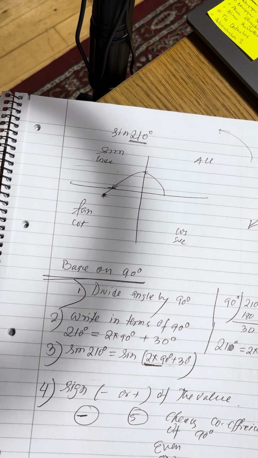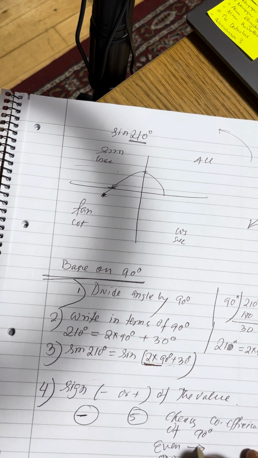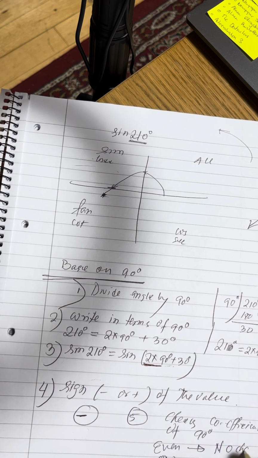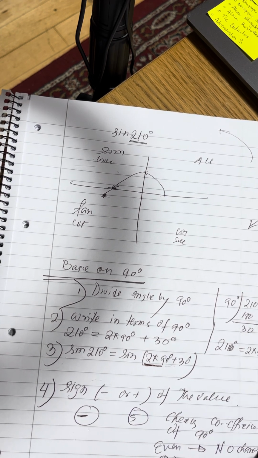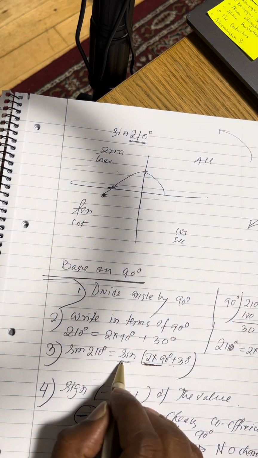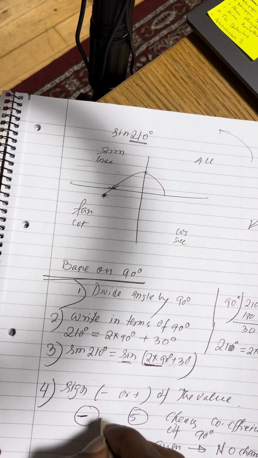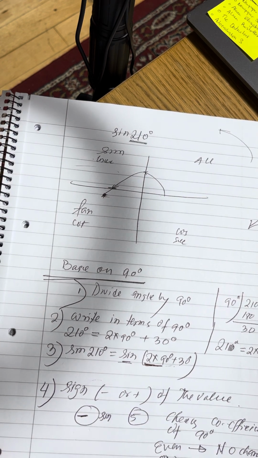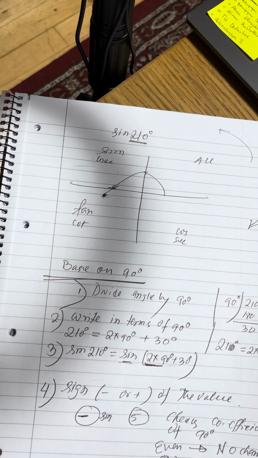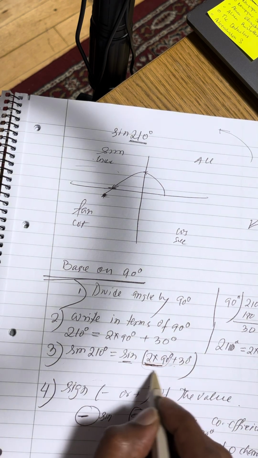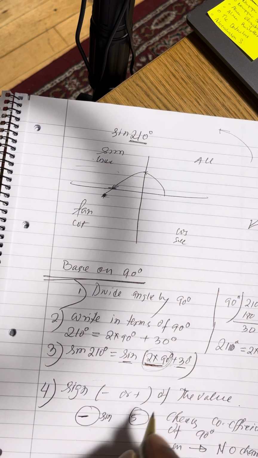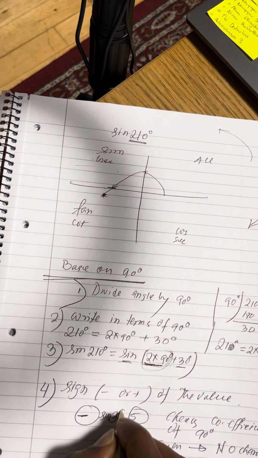If even, the trigonometric ratio has no chance of changing. That means in this case, the trigonometric ratio here is sine, and here it will be sine. And forget about this part now. Only this part will remain, sine 30.